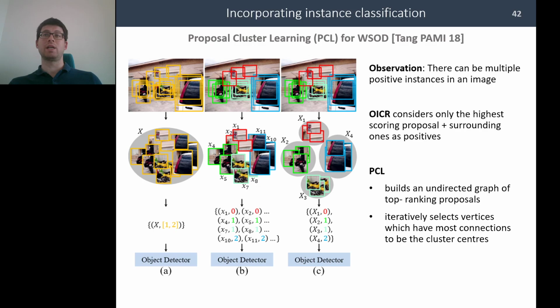This way they can leverage more positive instances. How this is done is basically building a graph over them and simply picking the regions with most connections to the cluster centers.